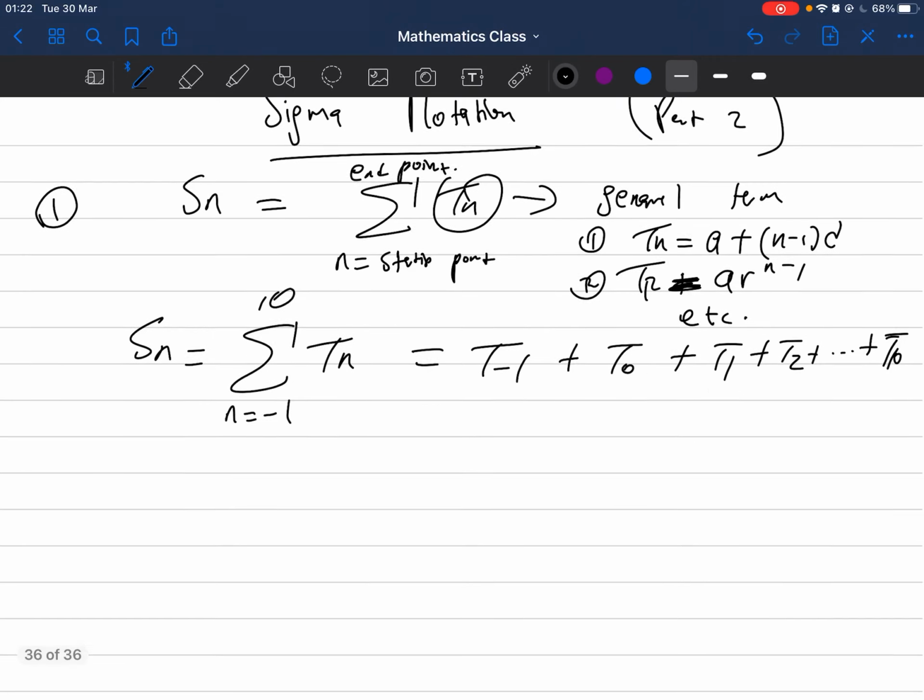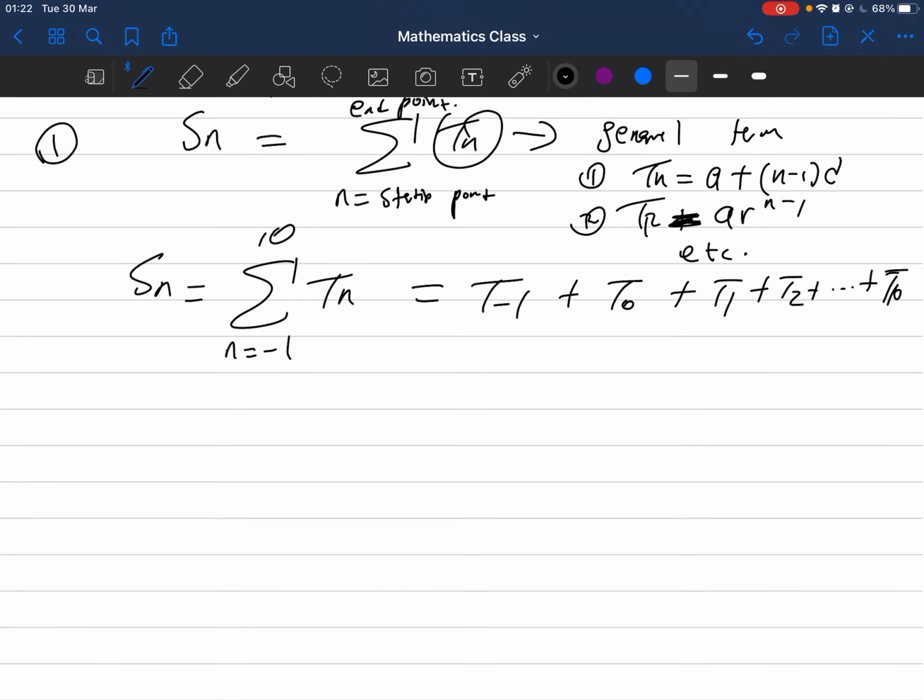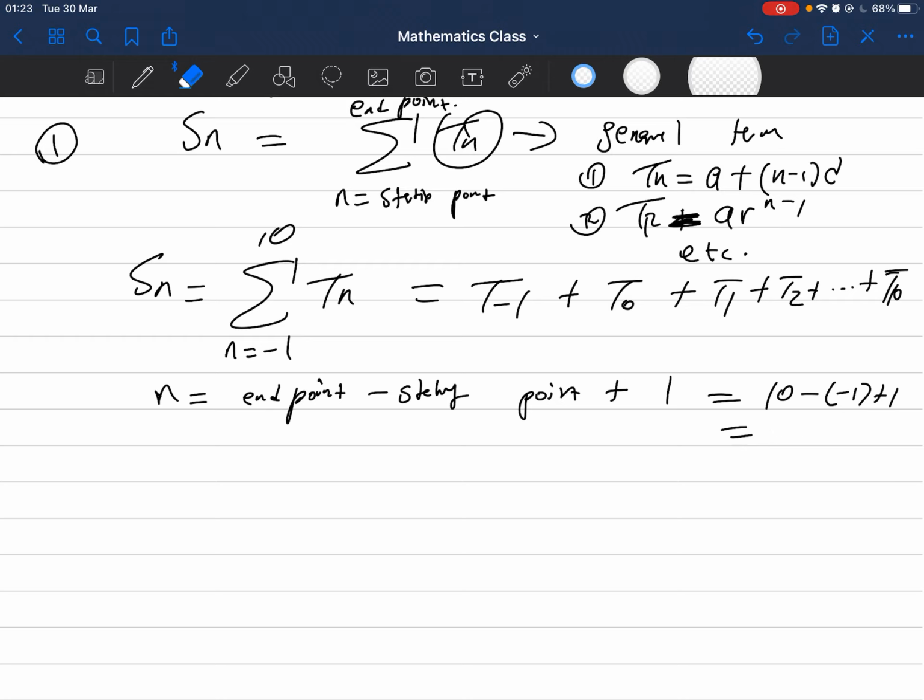Then we've learned about n as your end point minus starting point plus 1. In this case, which is 10 minus -1 plus 1, I don't think it's 10. Actually, it should be 12. Yes, it should be 12, not 10. 10 is wrong. 12, that's your n, right?